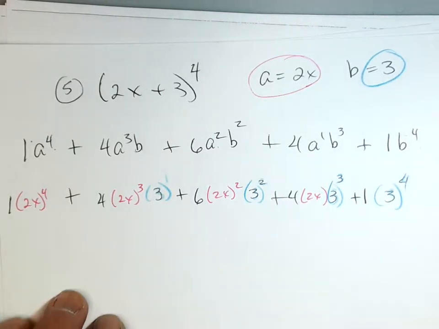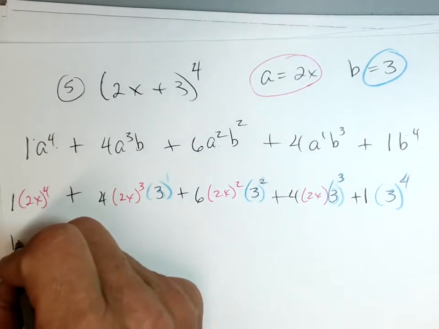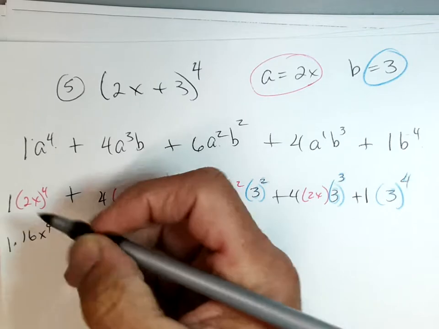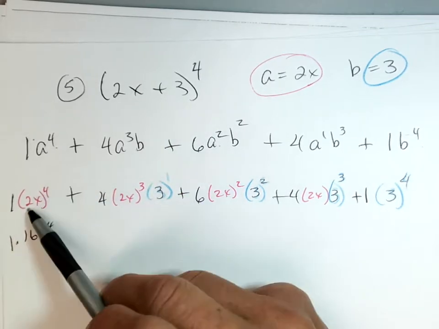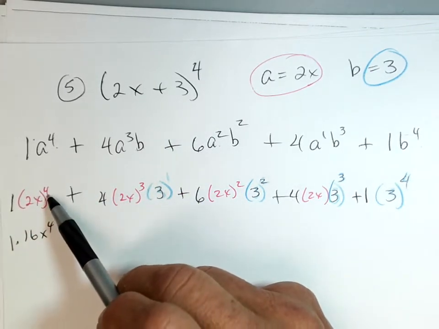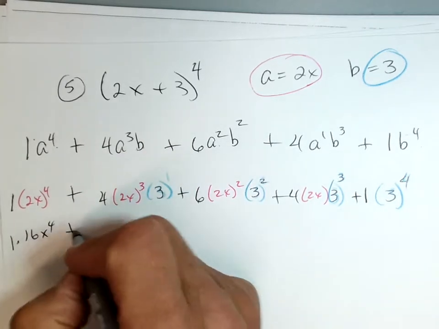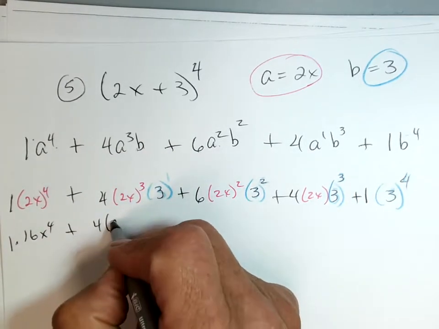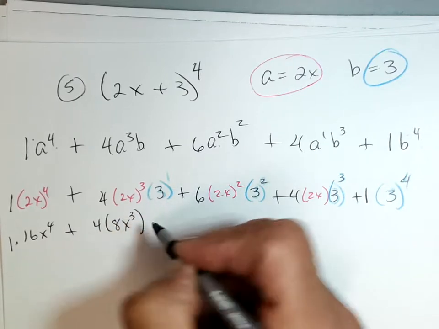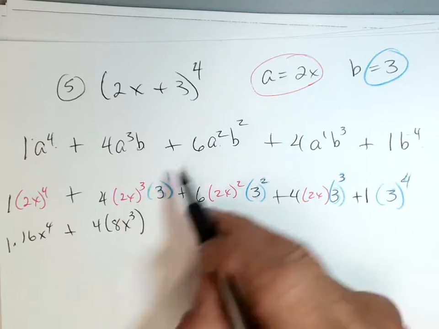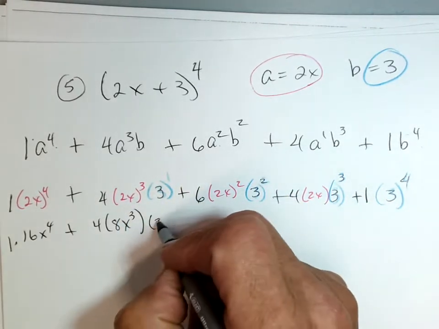This is going to be a 1 times 16x to the 4th, because 2 times 2 times 2 times 2 is 16, right? Plus a 4 times an 8x to the 3rd, because 2 times 2 times 2 is 8, and then times a 3.